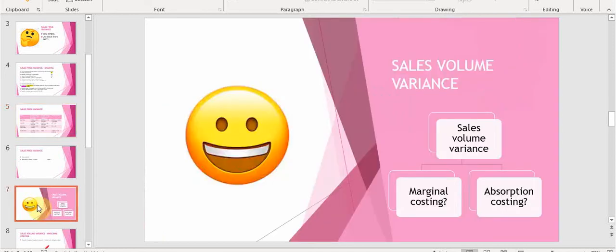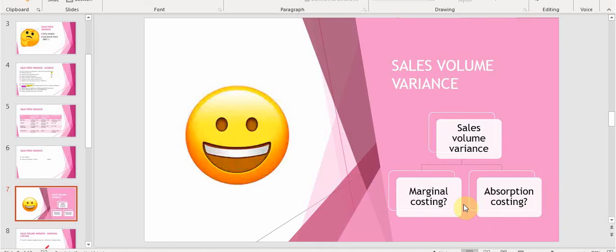Right, moving along to the sales volume variance. This is a bit more tricky, or I will not say that it is tricky at all. It requires insight because if you're calculating the sales volume variance, you need to pay attention to whether the question is based on a marginal costing system or an absorption costing system.